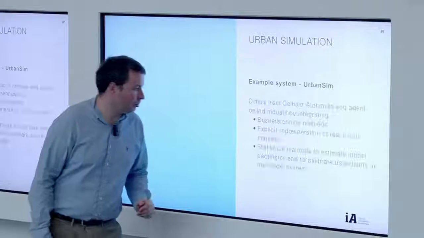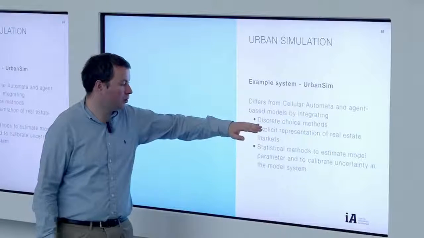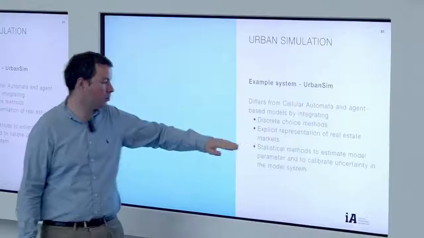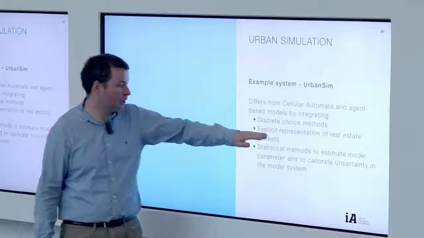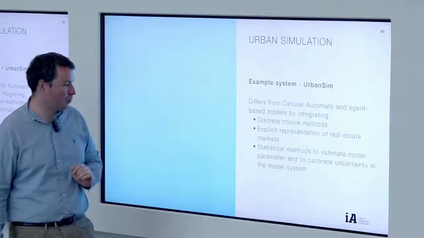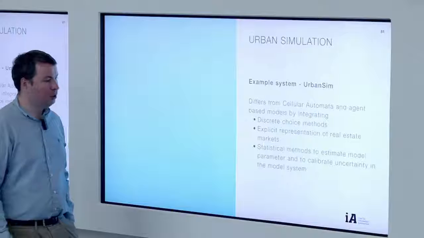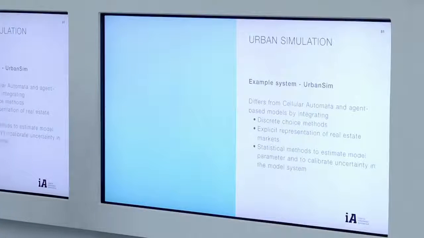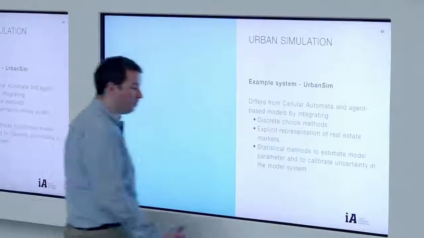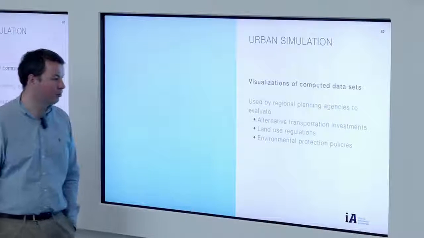As I said, the difference is the discrete choice method. You have explicit representation for the real estate market, and you use statistical methods to really calibrate the model system.